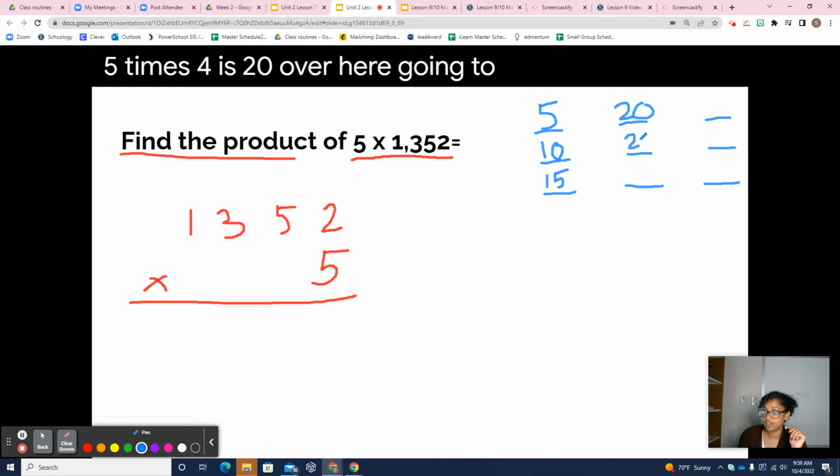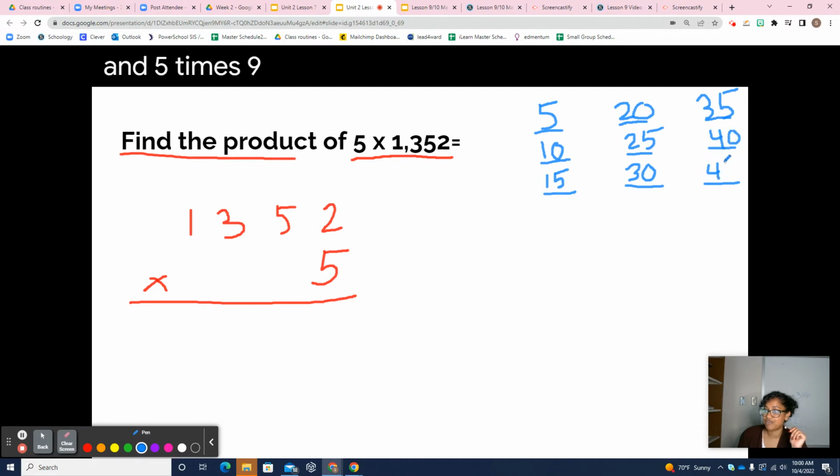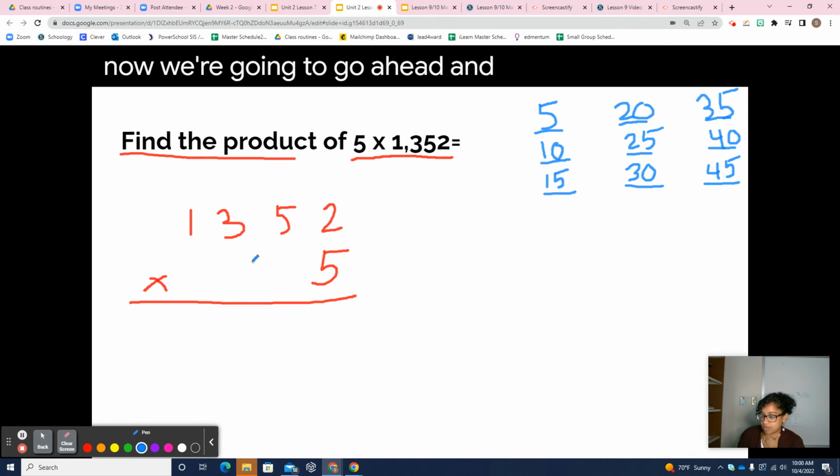Over here, we're going to write 5 times 5, which is 25. 5 times 6, 30. 5 times 7 is 35. 5 times 8 is 40. And 5 times 9 is 45. So we went ahead and did our 9 lines. That kind of helps us do some of our work. Now we're going to go ahead and solve our problem.